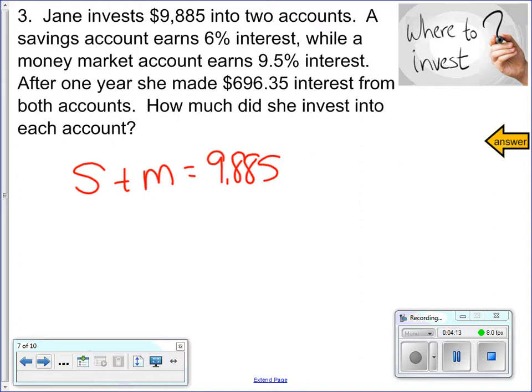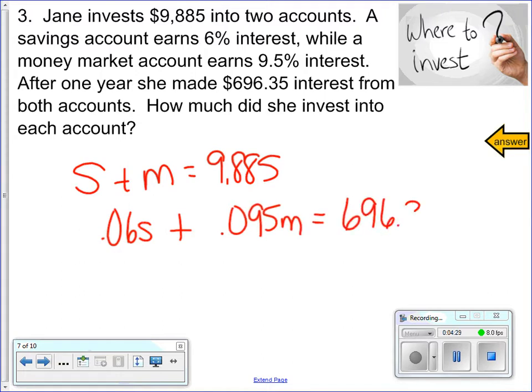We also know that the savings account makes 6% interest, and the money market is 9.5% interest, and the total they got was $696.35.